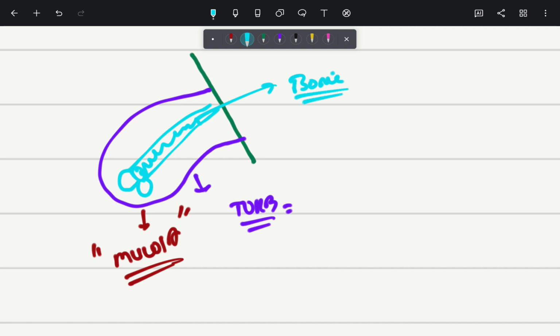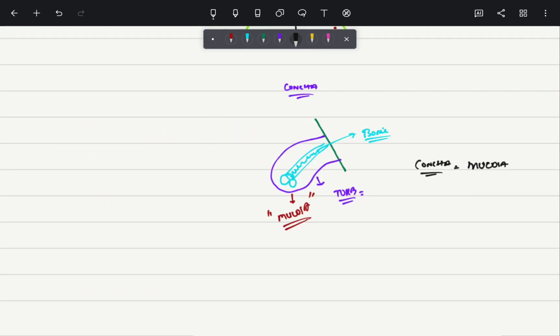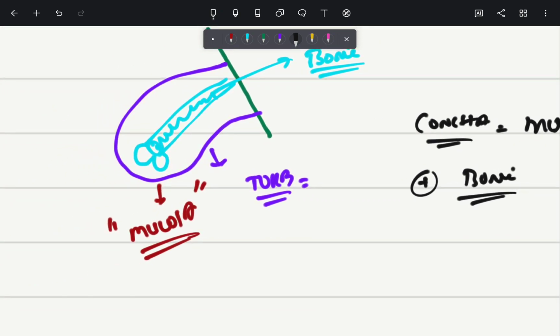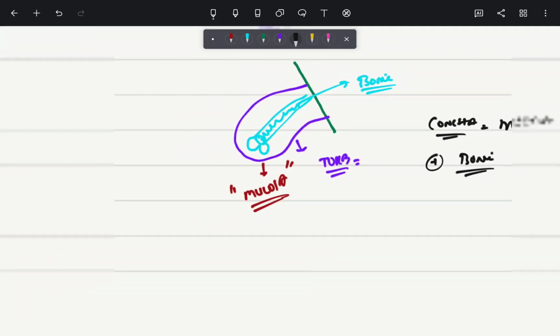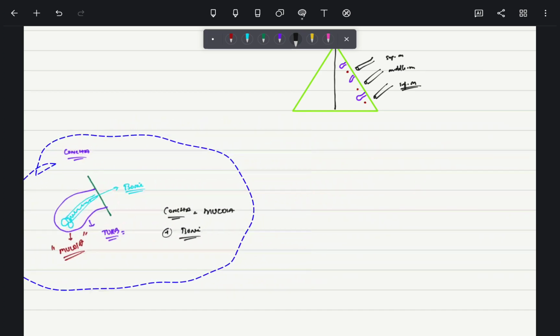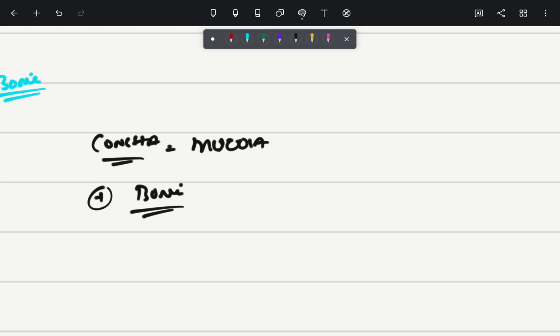So concha is nothing but mucosa plus bone. That is your concha, which makes up the turbinate. I hope you understand this concept. Concha is nothing but your mucosa and your bone.